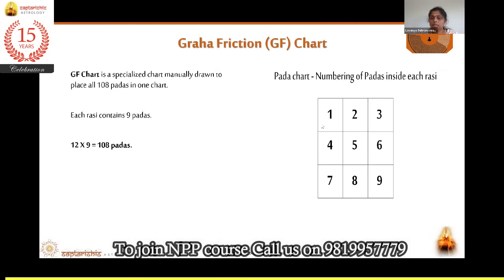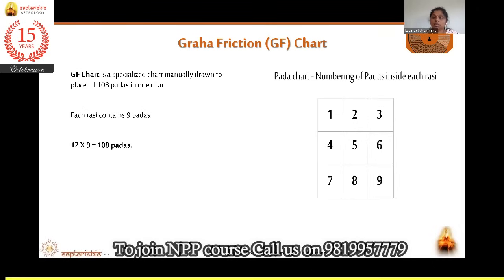So this first box will contain the first pada in that Rashi. The second box will contain the second pada in that particular Rashi. In the same way, 1, 2, 3, 4, 5, 6, 7, 8, 9. This order should be maintained.